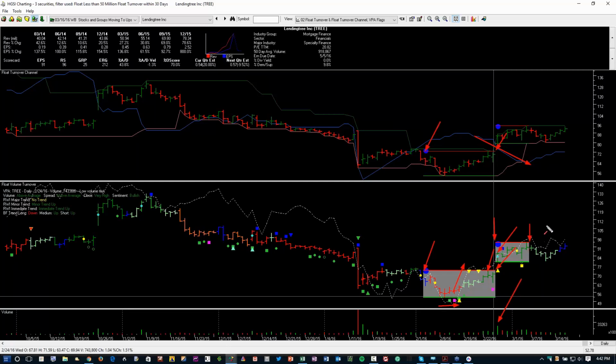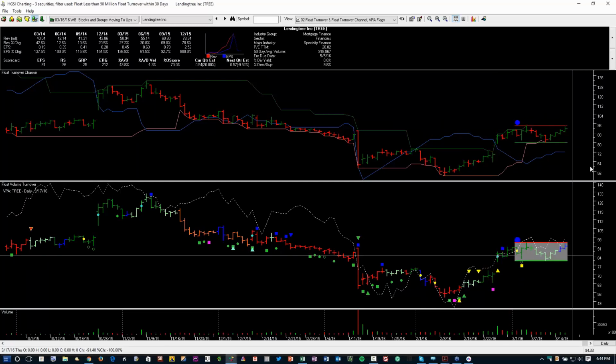So there was a lot of buying interest at this point, and it had to digest this buying interest. Here's a new high that's been established up here, and if it has a decent day tomorrow, it's going to break past this float turnover period.